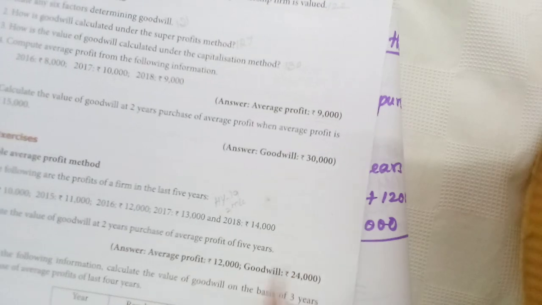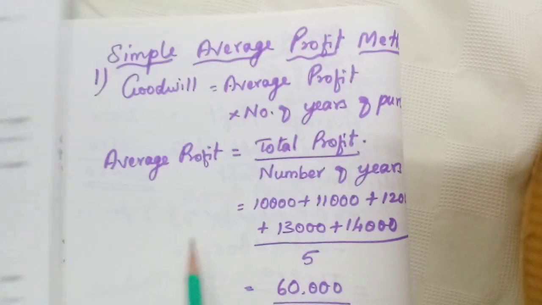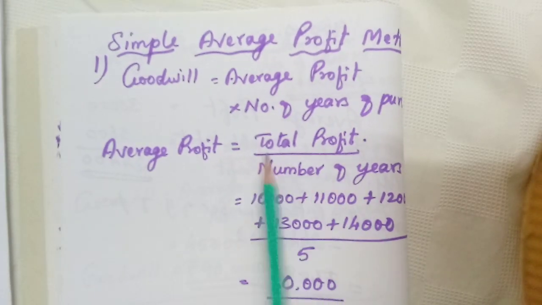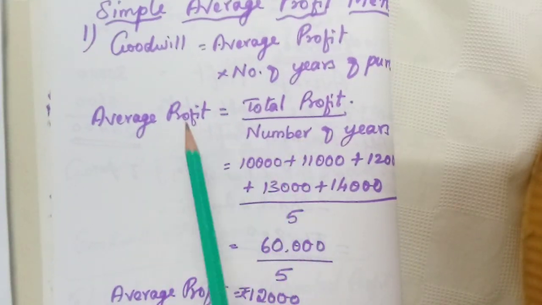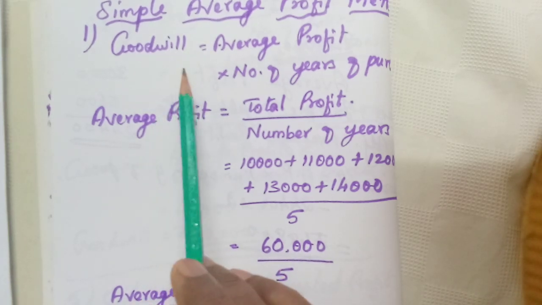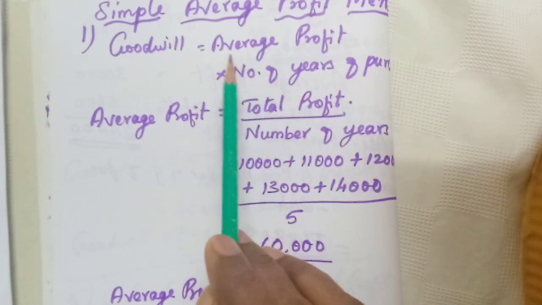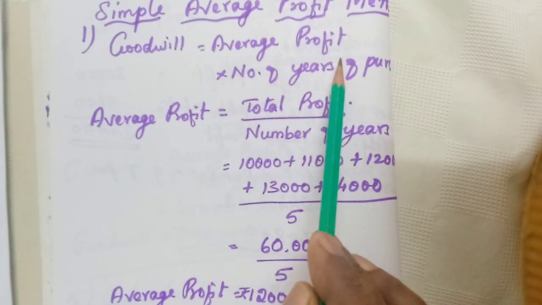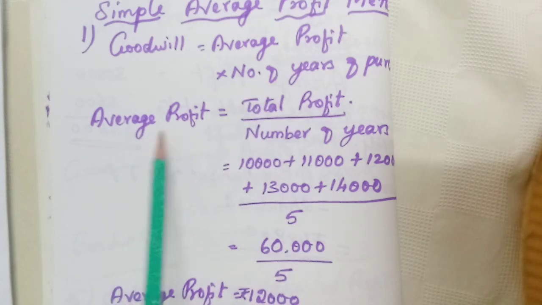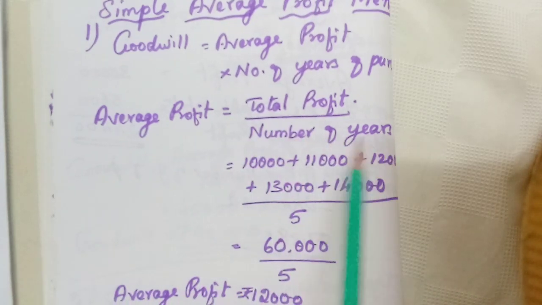Okay. First you have to write the average profit formula, then goodwill formula. Here you can start with the average profit or you start because they have asked for the goodwill. So goodwill is equal to average profit into number of years of purchase. Then average profit we need to find out. So average profit is equal to total profit divided by number of years.